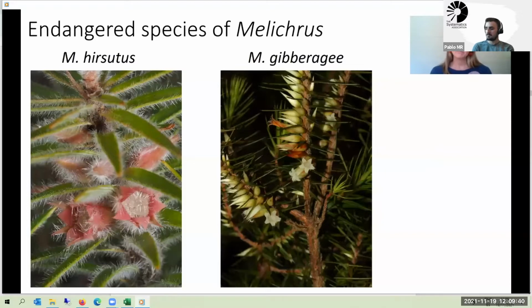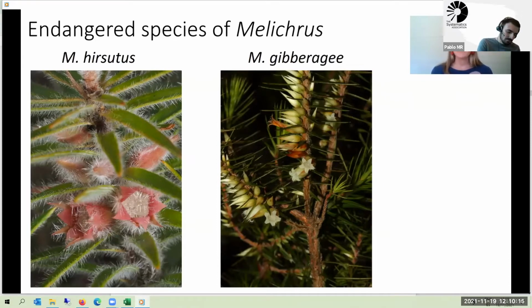Six months later, by the time I had published the paper naming Melichrus hirsutus and Melichrus gbrigii, almost all known plants of Melichrus gbrigii had been incinerated in the catastrophic fires of the 2019-2020 bushfire season. Melichrus gbrigii has since been upgraded to critically endangered, and its future is uncertain. I think the story of Melichrus gbrigii exemplifies why taxonomic studies like my PhD are essential to conservation and need to happen sooner rather than later.